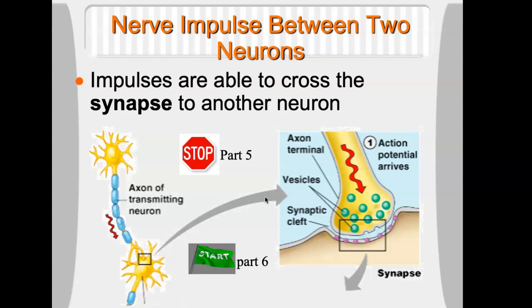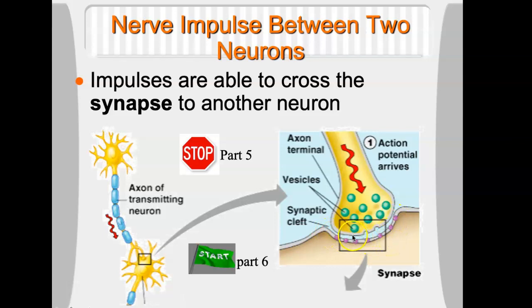So this is a slide that we had ended on. We're thinking now, after an action potential has occurred, how is it going to cross over to the next cell? The first cell we're going to call the presynaptic cell. The one that comes after it is the postsynaptic cell, and the space in between is called the synapse.